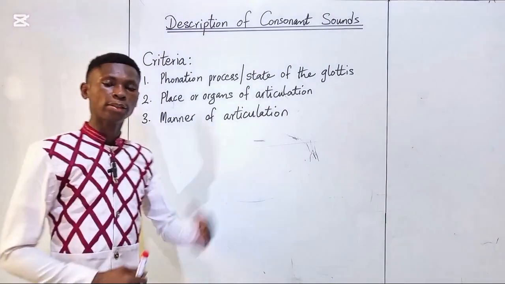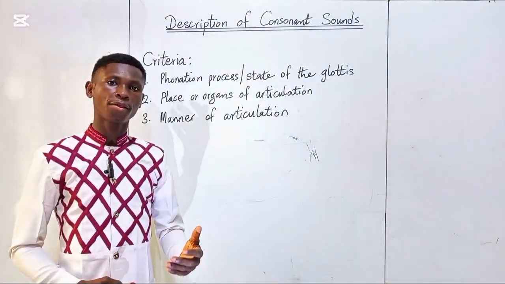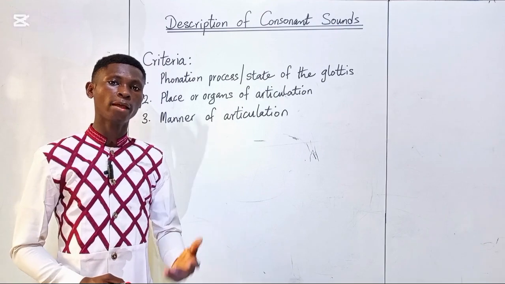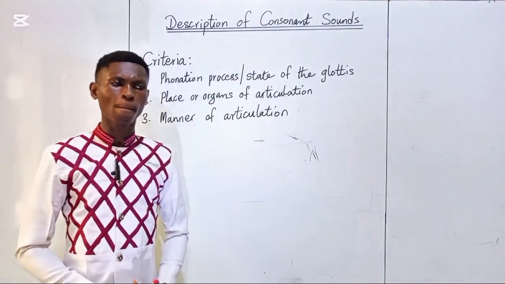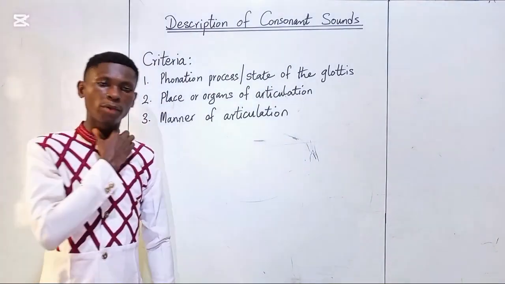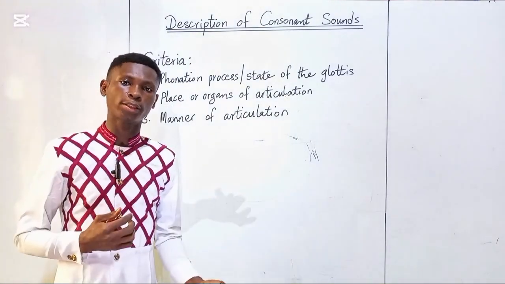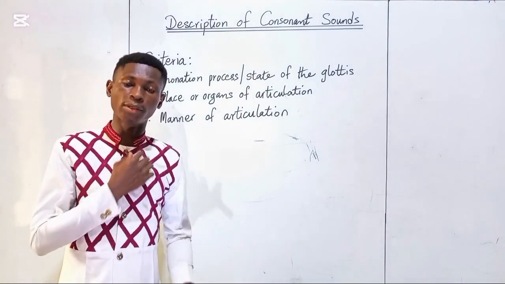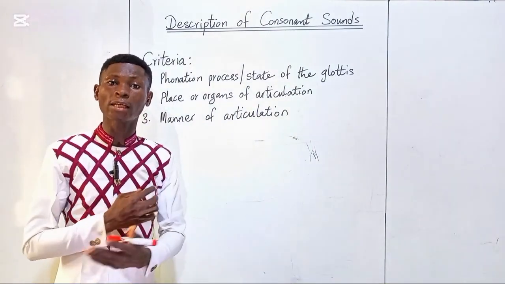Let me use those sounds I presented. For instance, if we say this, there is no vibration, but if we say this, there is vibration. When you have a vibration in your throat, it means that sound is voiced. When you don't have vibration in your throat during the process of articulating a sound, it means the sound is voiceless.